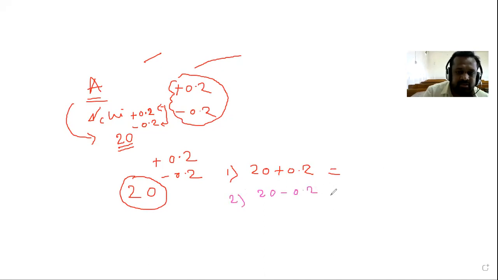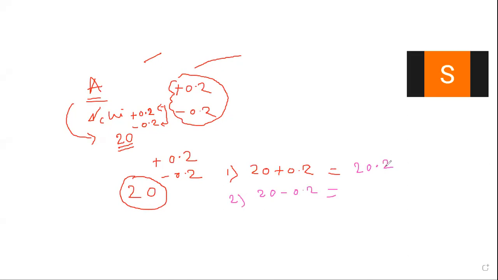Then tell me the answer. 20 plus 0.2, what is this? 20.2. Is it correct? Yes, sir. 20.2. And what is this? 19.8.